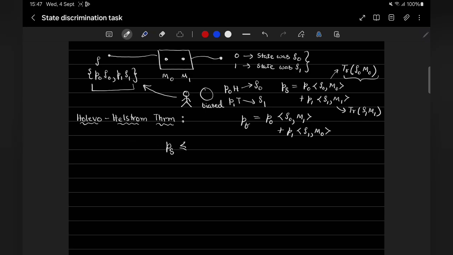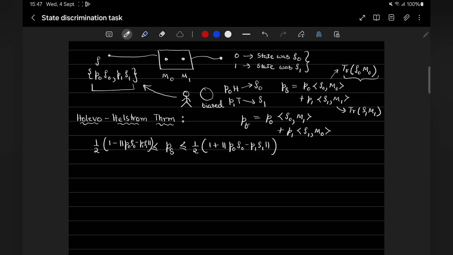So what is the main gist of the theorem? The probability of success has an upper bound of one plus the norm of P0 rho 0 minus P1 rho 1, and the lower bound is given by, so this is the upper bound of probability of failure, one minus the norm of P0 rho 0 minus P1 rho 1, like this.